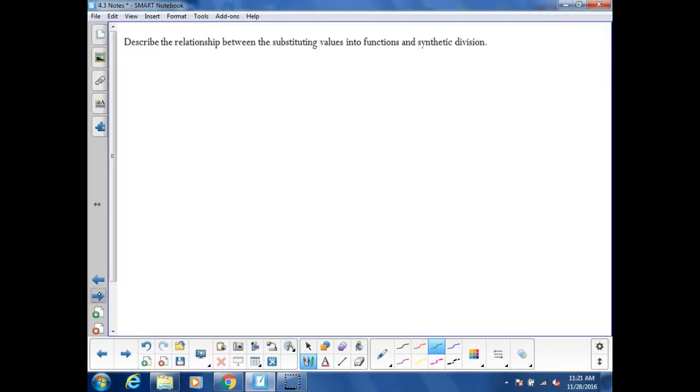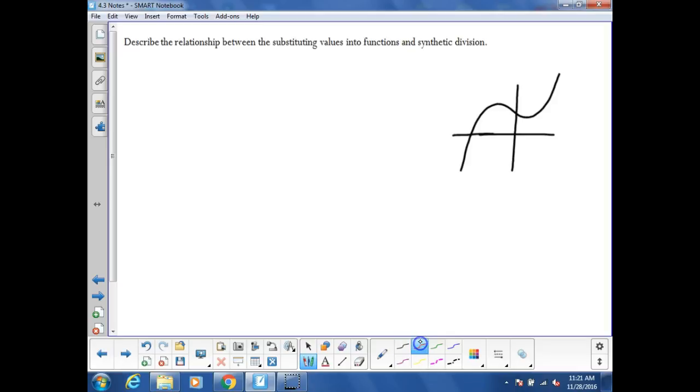Describe the relationship between substituting values into the function and synthetic division. Well, if you think about it, if we have a function, right? So we have some function somewhere, looks like that. I'm just making something up here. Any point along that function is going to have a value. The function is going to give out a value.